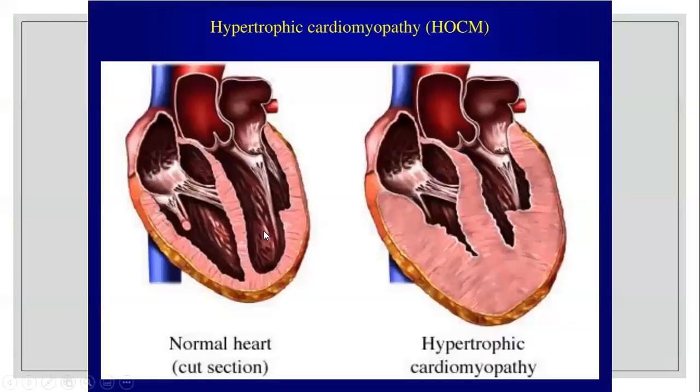The same picture looks bigger here. We can see how thick the ventricular wall and interventricular septum are, and the chamber of the heart is very narrow, and the heart muscle does not pump normally. So cardiac output will be reduced.